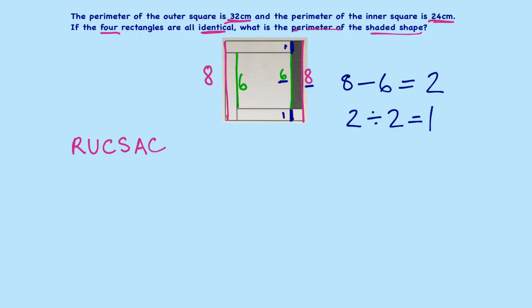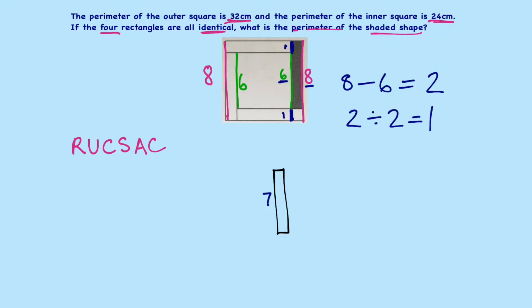Now, it's the shaded shape that I want to find the perimeter of. So if this is my shaded shape, I know that the long side of my shaded shape is going to be 6, here, and the 1. Now this 1 here doesn't matter because that's not on the shaded shape, so I've got 6 here and 1. So that means that the length of my shaded shape is going to be 7.